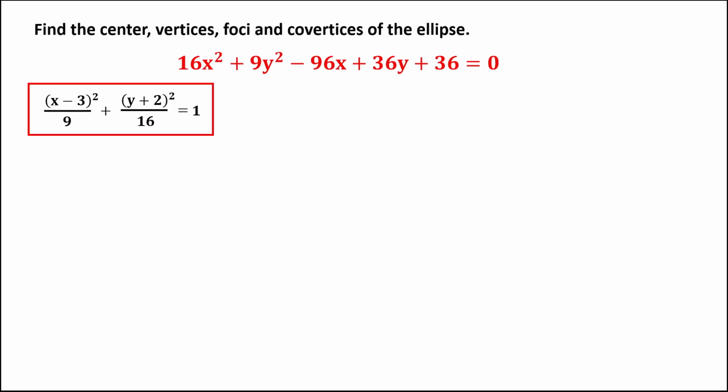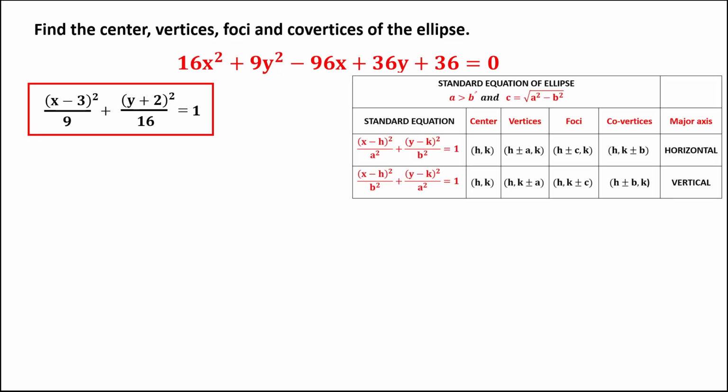Then from the standard equation, now take note for an ellipse, A is always greater than B. Since A and B are the denominators, the bigger denominator is equal to A squared and the smaller denominator is equal to B squared.